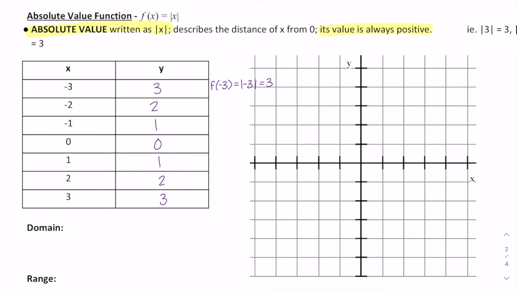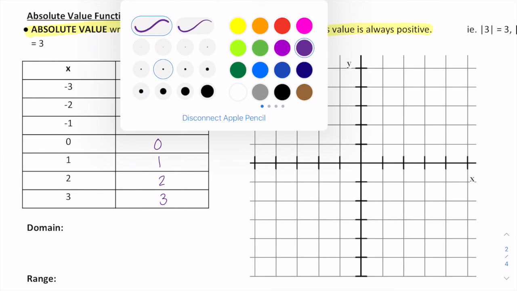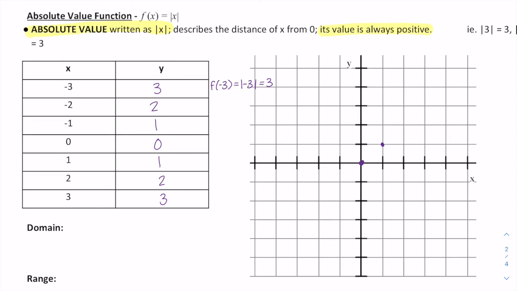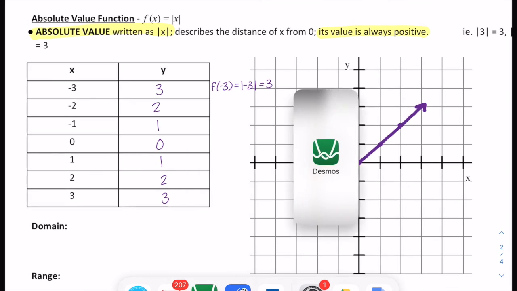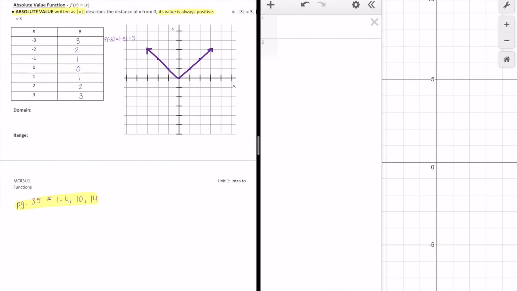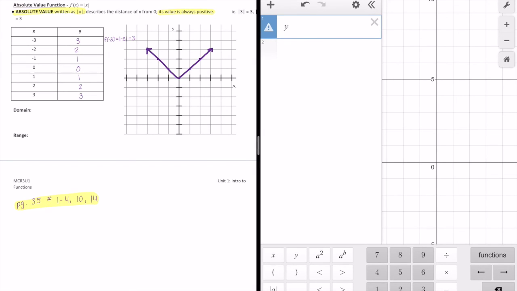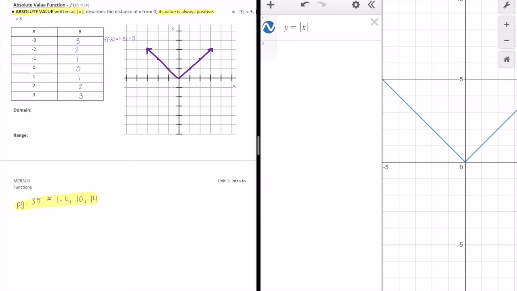Now we can graph it. It's going to look something like this, and we can verify that on Desmos. Again, we get that shape.